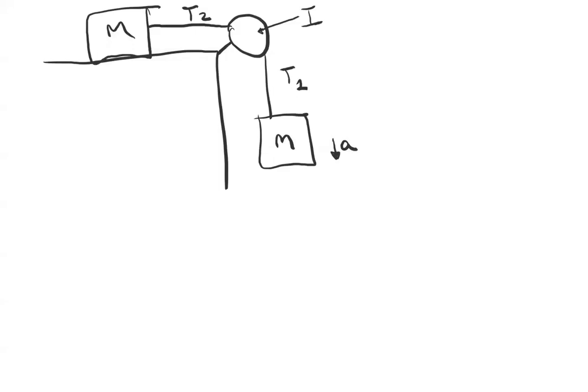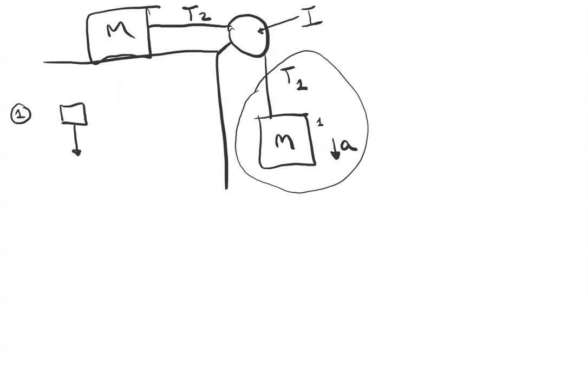Okay, so what do we do? Well, in these kinds of problems we always start by writing down Newton's second law for all the objects that are involved. I will start with the hanging object. Let me call this object 1. So for box number 1, I have two forces.